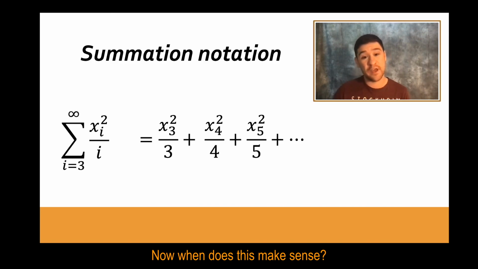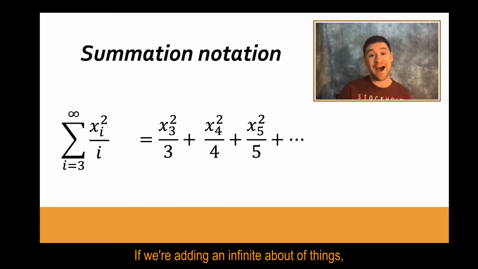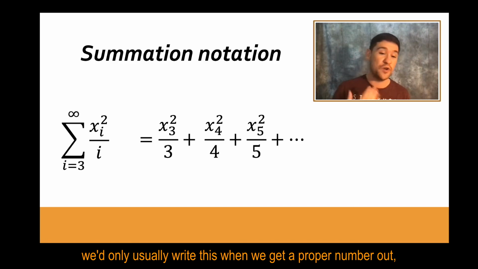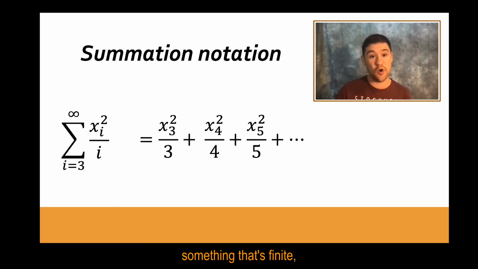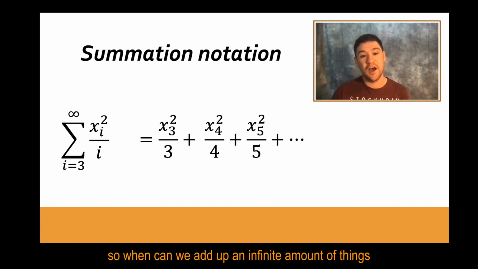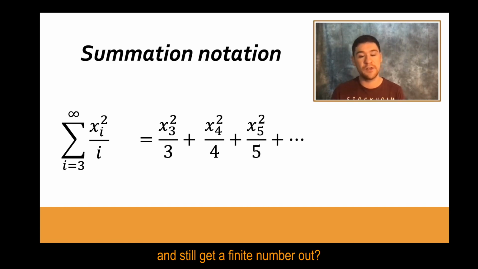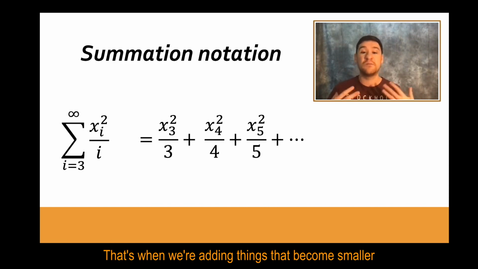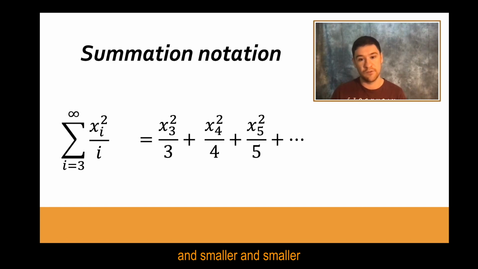Now when does this make sense? If we're adding an infinite amount of things, we'd only usually write this when we get a proper number out, something that's finite. So when can we add up an infinite amount of things and still get a finite number out? That's when we're adding things that become smaller and smaller and smaller.